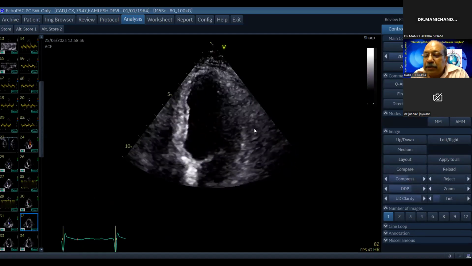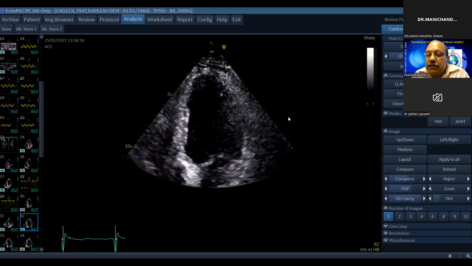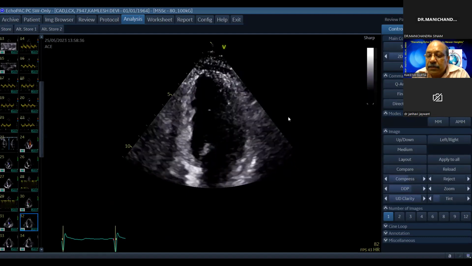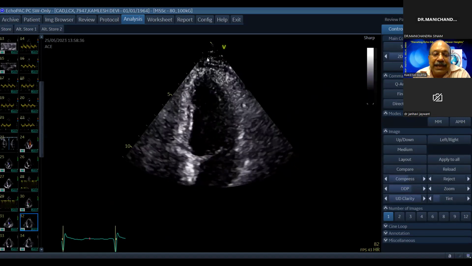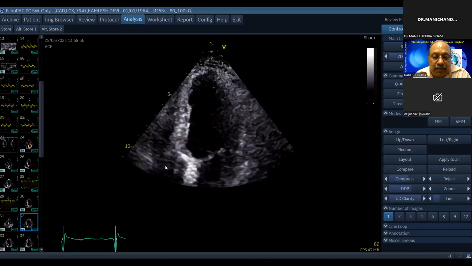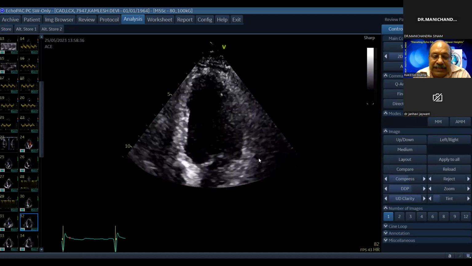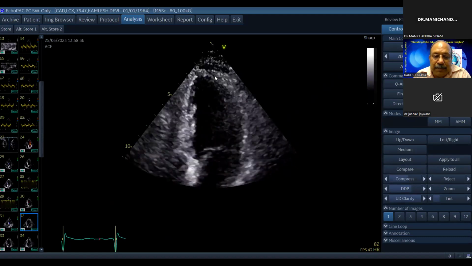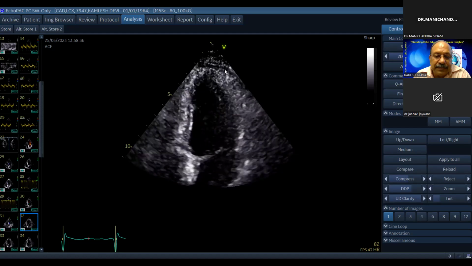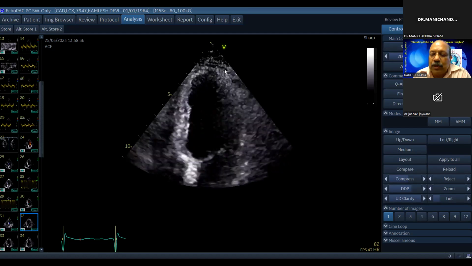Let me try if I can put tissue Doppler in this. No, I cannot. The only thing is I can put tissue Doppler across the whole of this sector, or I can put it just on the septum or the lateral, so we get better image quality.